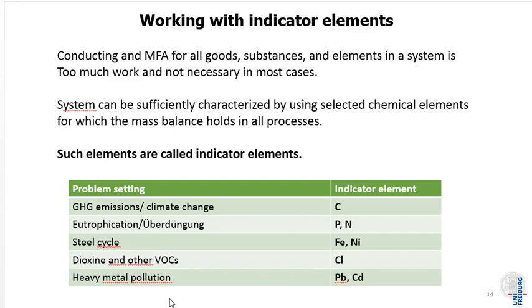You still can carry across the main message, but you don't have to do the work of a full mass balance, including all the elements and all the other substances that you are maybe not interested in. So indicator elements are a way to reduce the information load of your system to just have the core information content and still satisfy the mass balance.